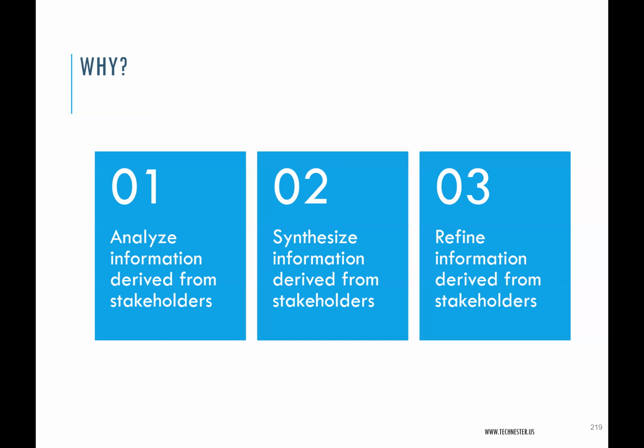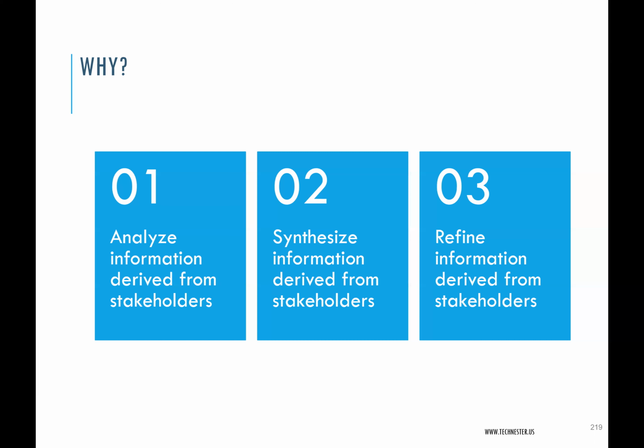And in that process, the business analyst refines the information derived from stakeholders. If it means they have to consult the stakeholders, have another meeting, and adjust the requirements to make sure that there are no contradictions.